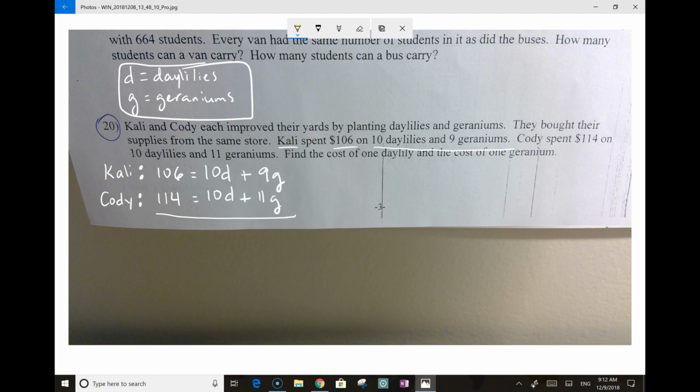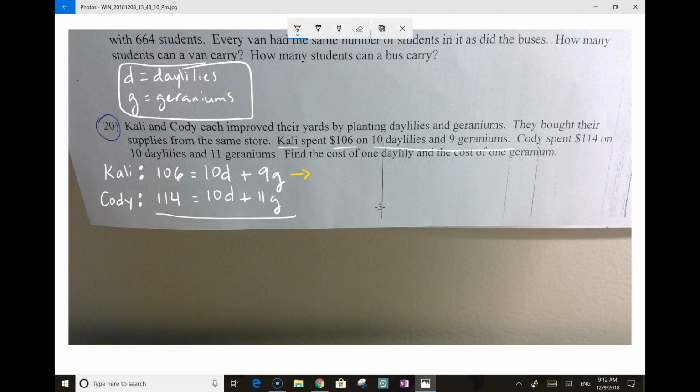The reason for that is that I see over here 2 terms that are almost ready to eliminate each other. If one of them could only be a negative, then 10D minus 10D would make 0, and I would be in business to get the value of G. So I'm going to go ahead and pick one of my equations to transform, and I think I'll go with this one.